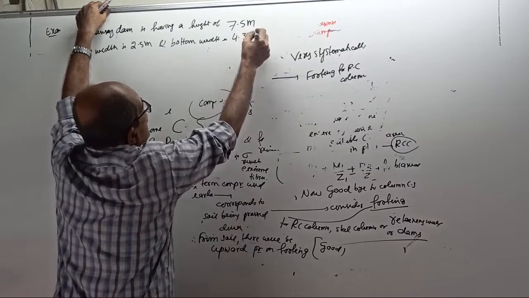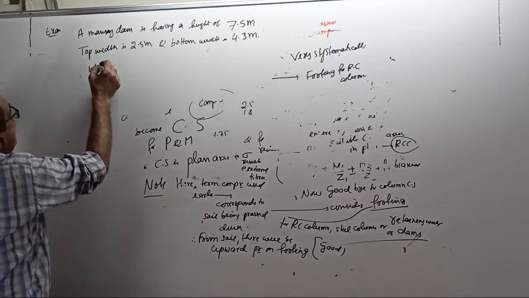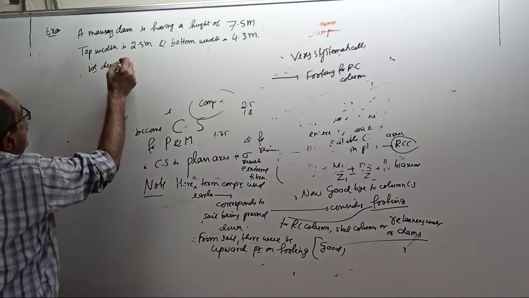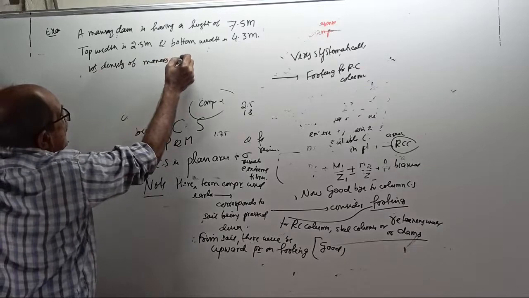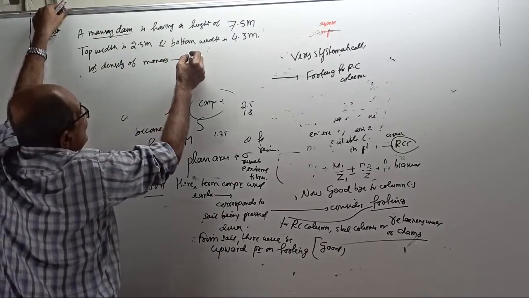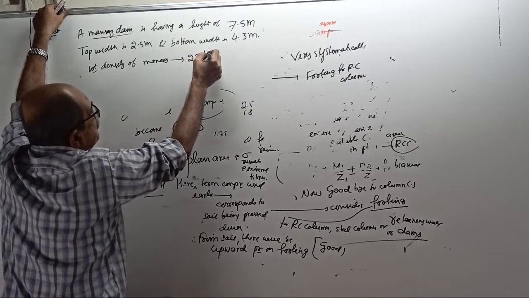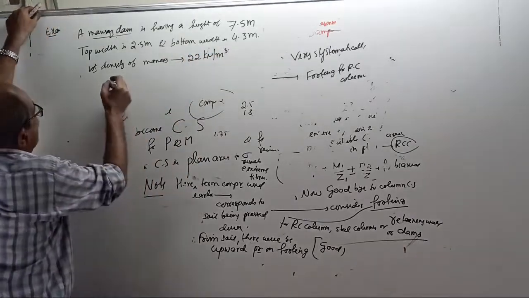Okay, just to avoid changes, 4.3 meter. Next, the weight density of masonry, it is stone masonry, is 22 kilonewton per meter cube. That's all.